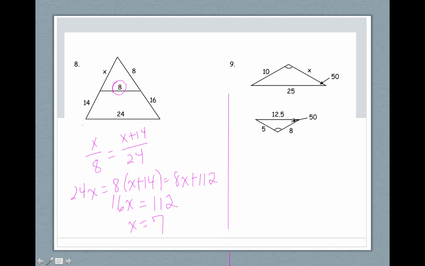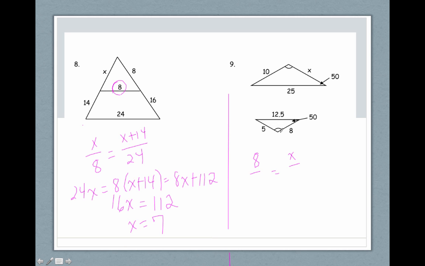Over here, we've got 50, 50. These angles are the same too. So these are similar. So if I take the two around 50, or the one between 50 and the other given angle, 8 and x go in the same spot.